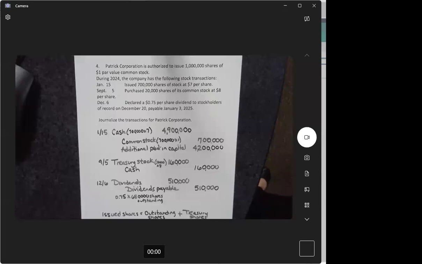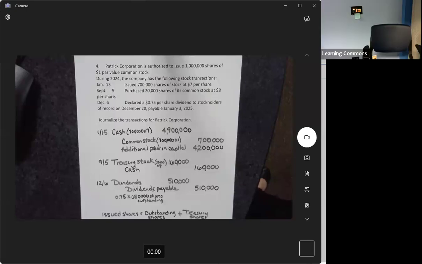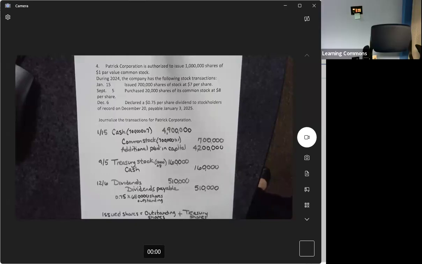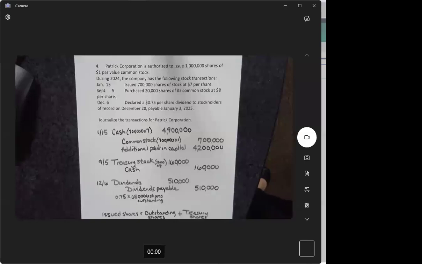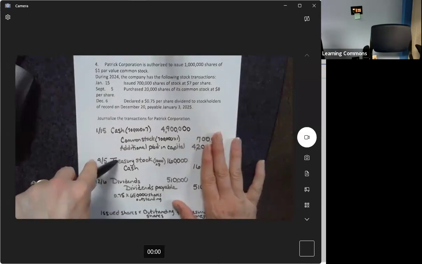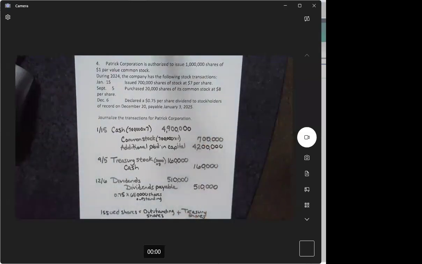We talked about definitions of preferred stock, what makes it preferred over common stock. We talked about treasury stock being a contra equity account. We talked about stock splits. I just rattled off quite a few things that are not problem-based, so you may not necessarily see them in a Connect assignment, but they are things we talked about in detail in class.